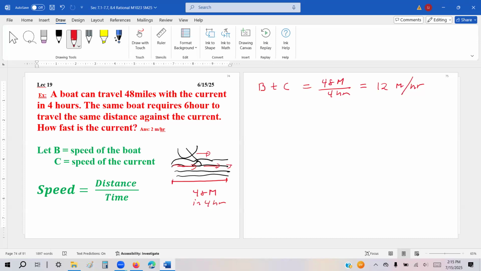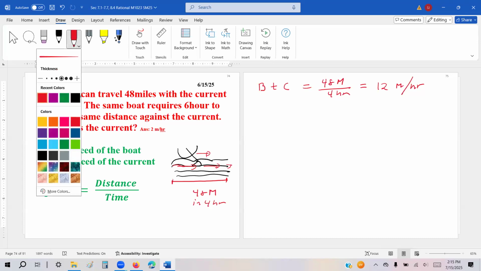Now the second line. The second line says, the same boat takes 6 hours to come back against the current. So you went somewhere to your friend's house and now it's night, so you have to come back. When you come back, let me change my color to purple.